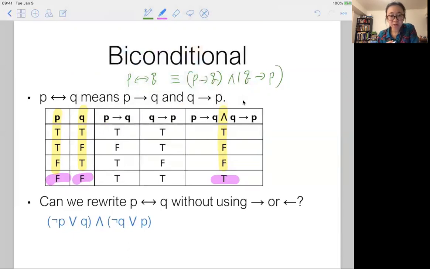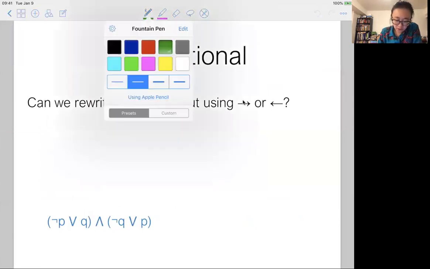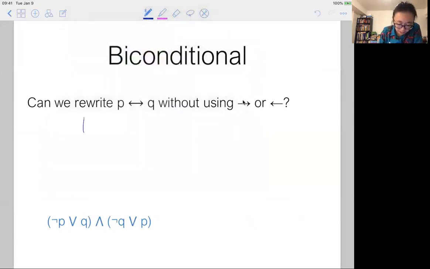The last one is, can we write P if and only if Q without using the arrows? I put the answers here, and this is where you can pause and try to think about how to do this problem. Here is a potential way. Remember I said earlier that the biconditional can be written as unidirectional, but having two parts.